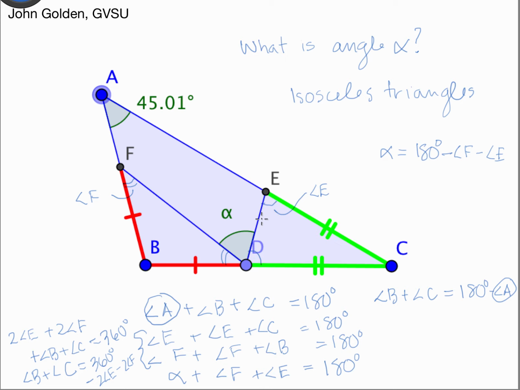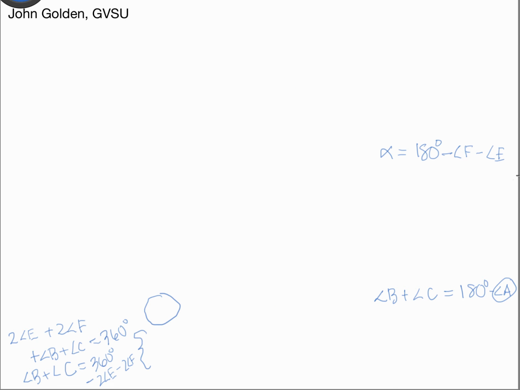Okay. I'm going to lose the picture just to get some more space to write. Okay. So I've got angle B and angle C is 180 degrees. F and E. Here's my equation with F and E. Oh, look, kind of the minus is the same thing again. Let me rewrite that a little nicer.